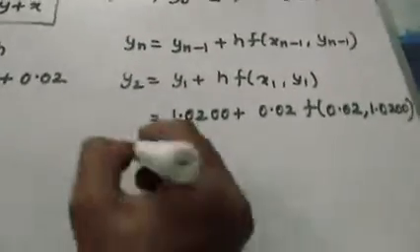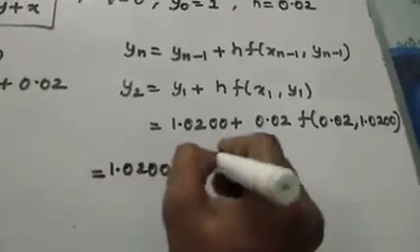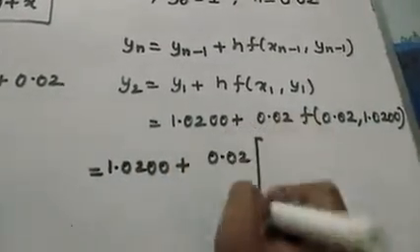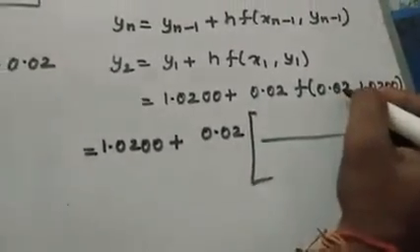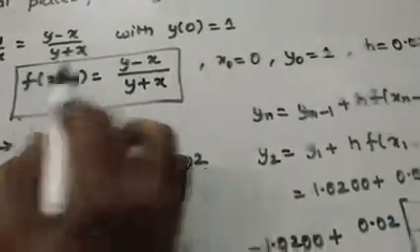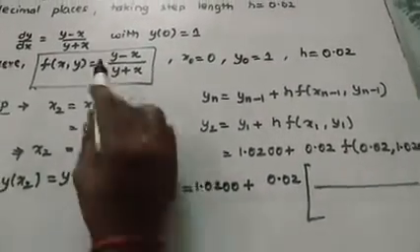So now we have to put the values, that is 1.0200 plus 0.02. Now 0.02 is the x here and 1.0200 is the y here.